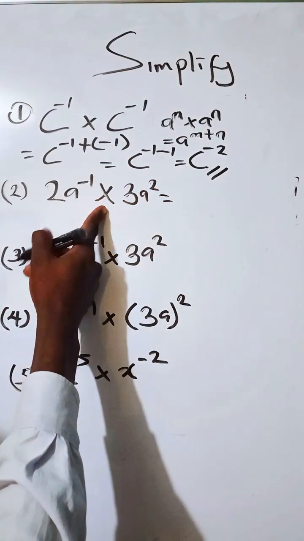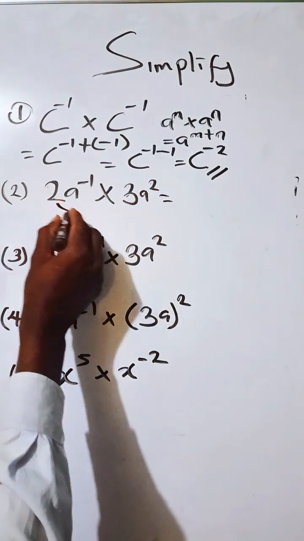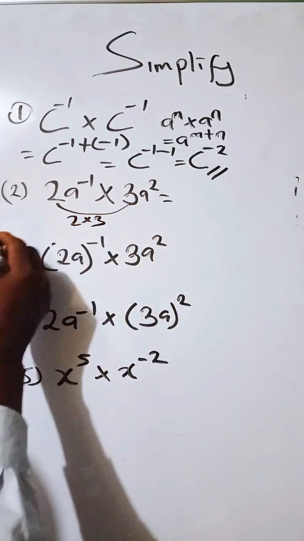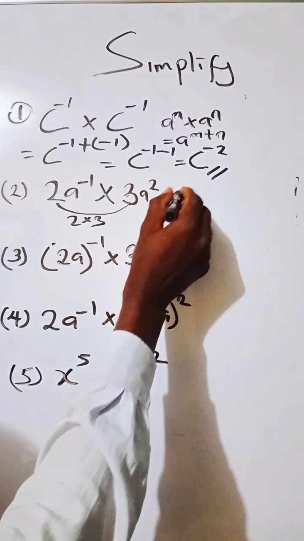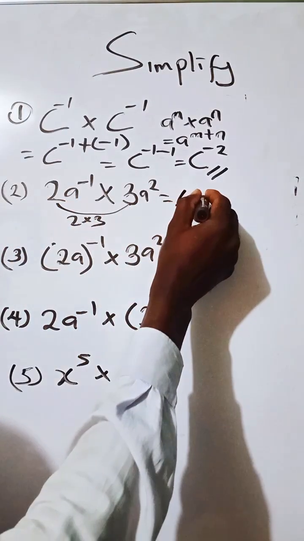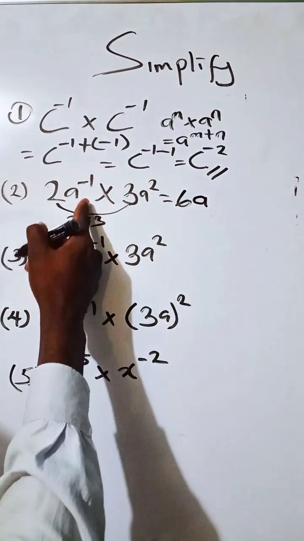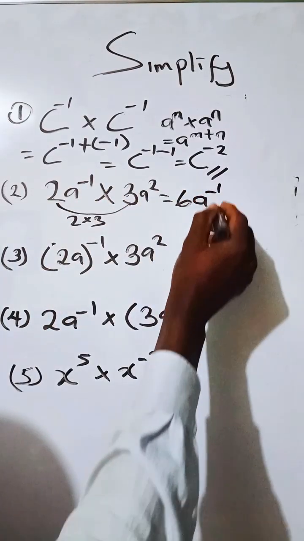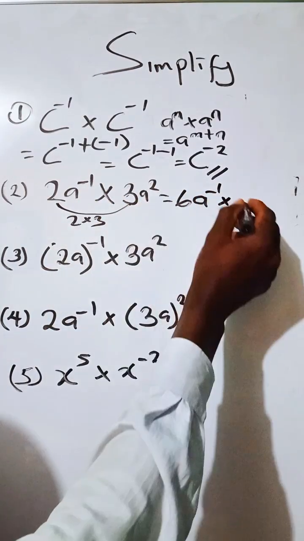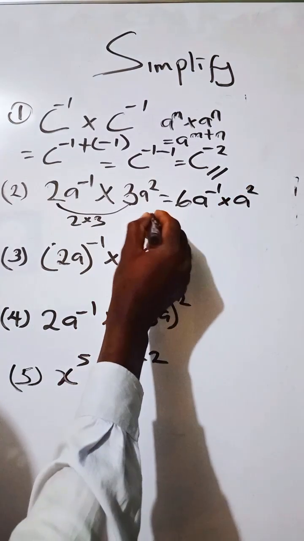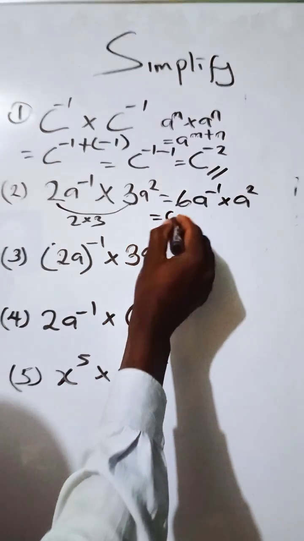Since we are multiplying, we can take the numbers together and multiply 2 times 3, which gives us 6. We write the letter as a raised to power minus 1 times a raised to power 2.